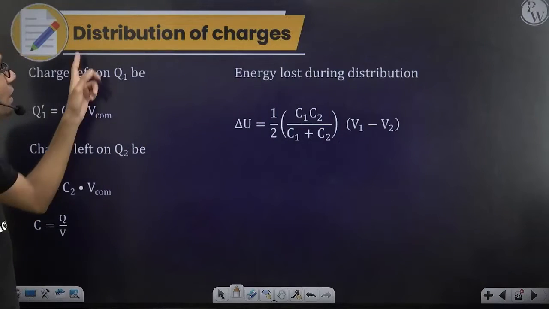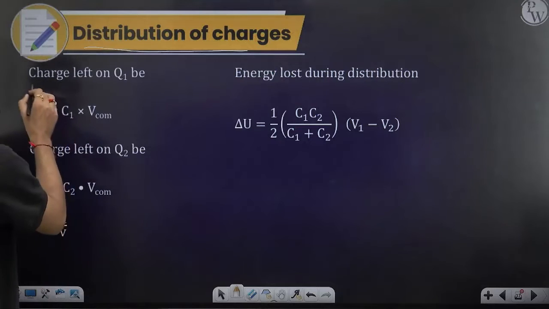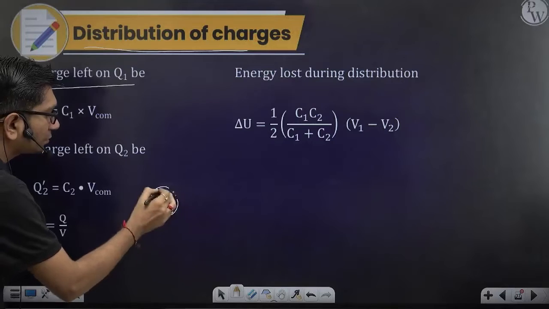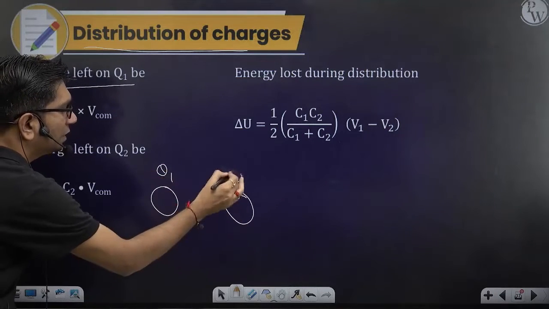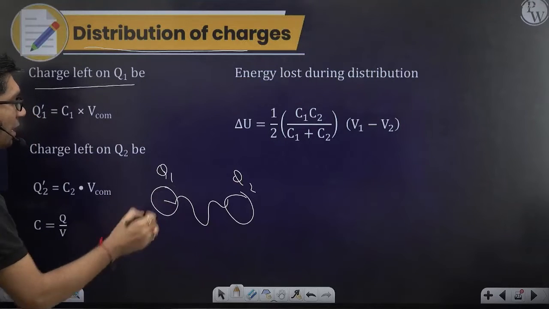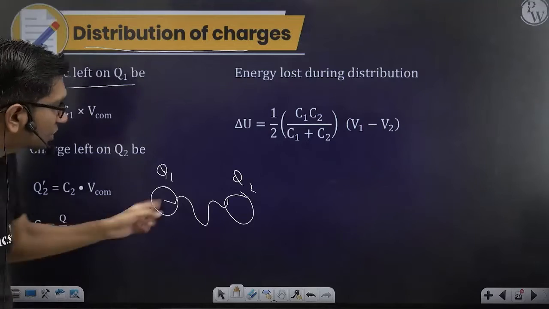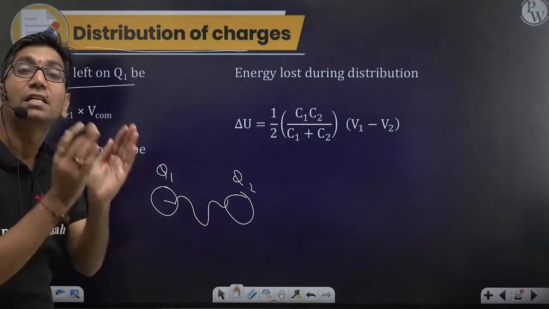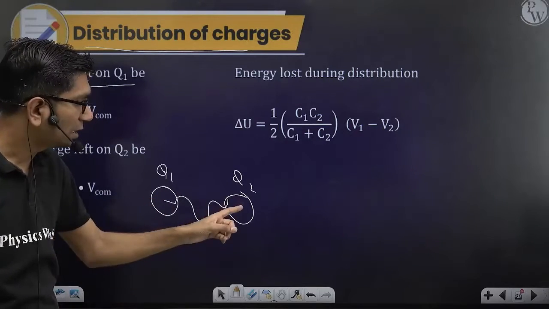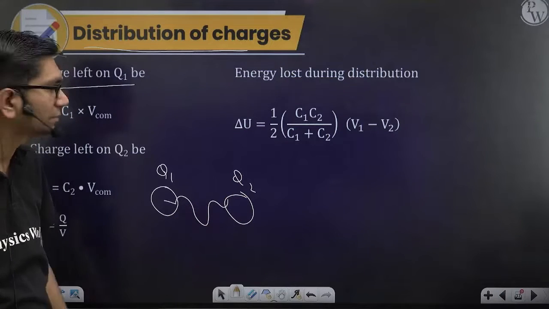Next, distribution of charges. Now see here in the same case only. Just now we have observed this is the charge q1, this is q2. Like this we have taken. After charge distribution, some final charge will be left on q1, correct? Some final charge will be left on q2 also, correct? What is that?